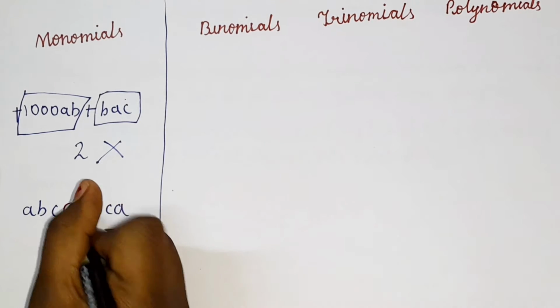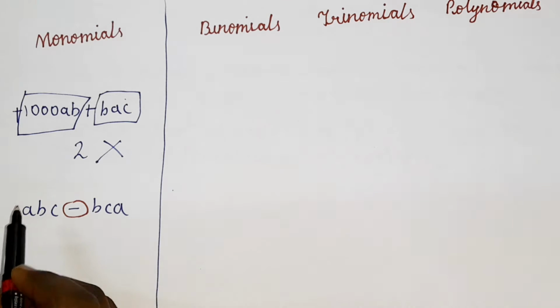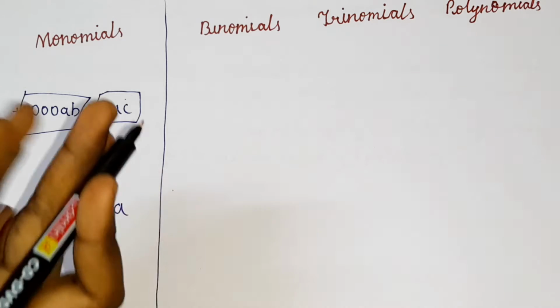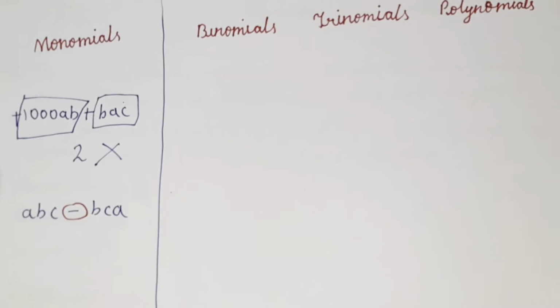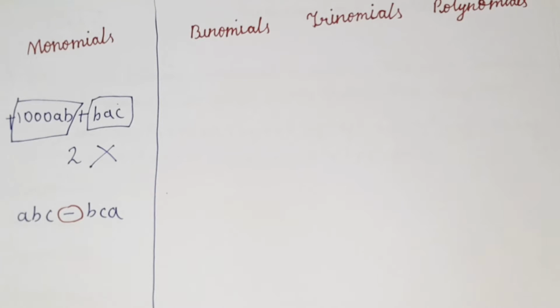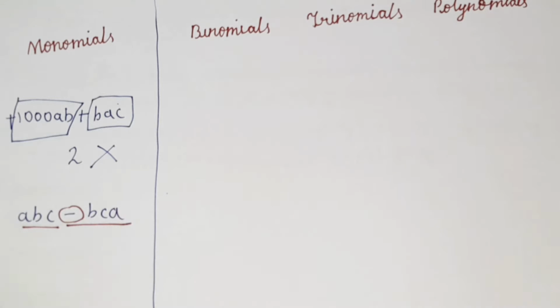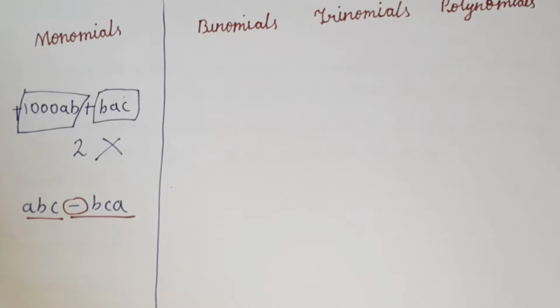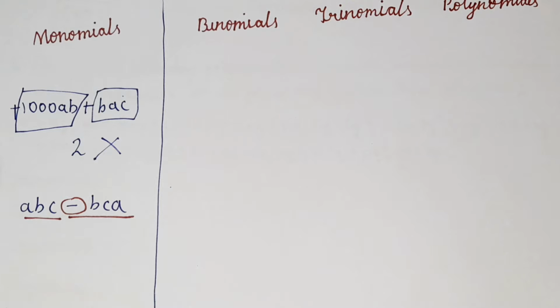This minus symbol is splitting the BCA and ABC from attaching to each other. Am I right? If it is splitting like this, it means it is a term. So this is one term, this is one term. We should include the sign also, okay. If a sign is splitting two numbers, it is a term. So two numbers means two terms, okay, like that.